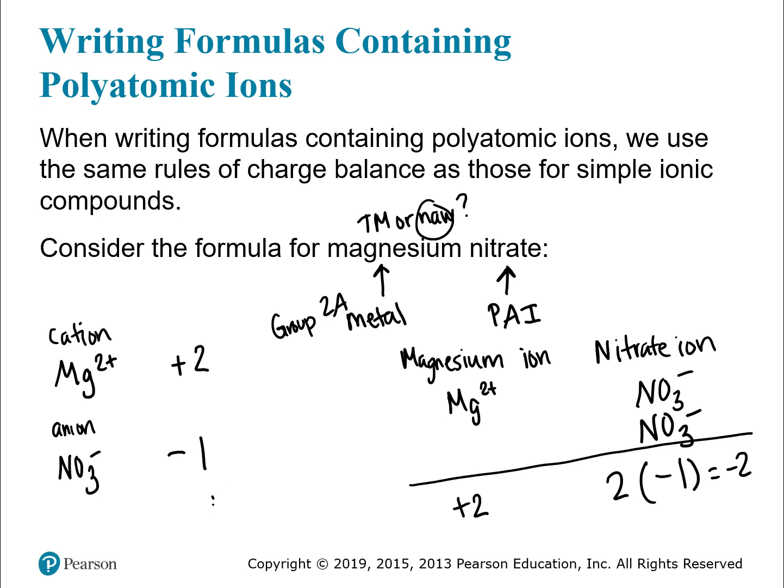So that means our formula is going to be magnesium, and then we're going to put nitrate in parentheses because we need 2 nitrates. So that's how you indicate multiple polyatomic ions. You put it in parentheses, and then you put the number as a subscript on the outside.